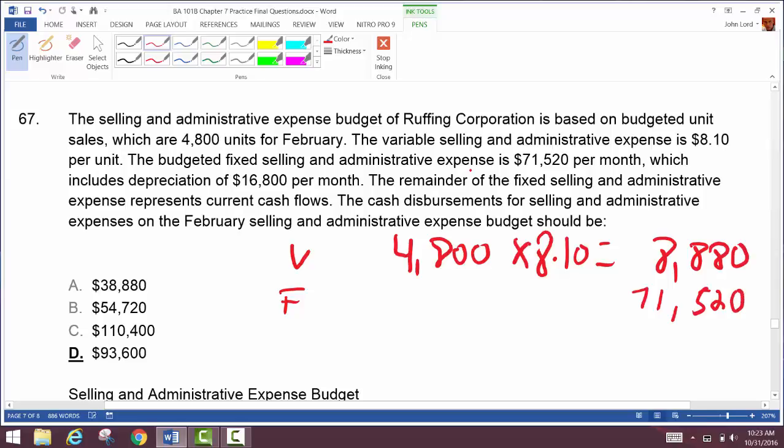Then it gives us 110,400. 38,000. Oh, it's 38,000. Okay. 110 what? 400. 400. Okay, good.